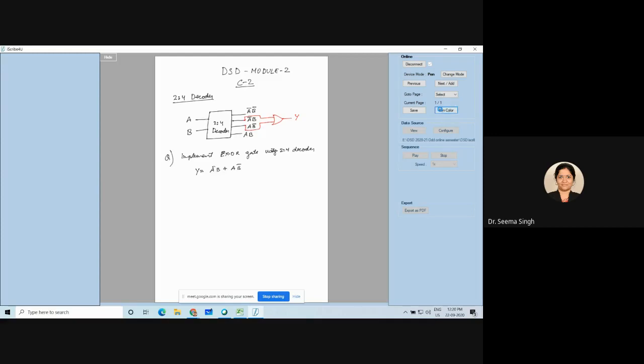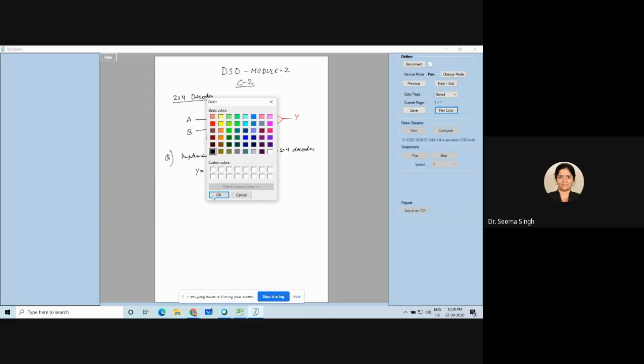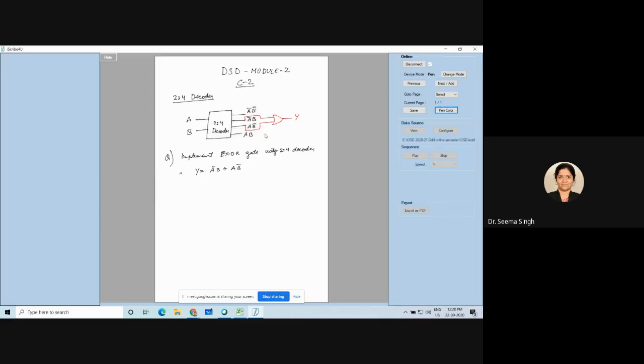Okay. Now using the same diagram, I would like to give you question number 2 also. Question number 1 was implement XOR gate. Question number 2 is implement a function of A and B, or capital A, capital B, with minterms 0, 1, 3.